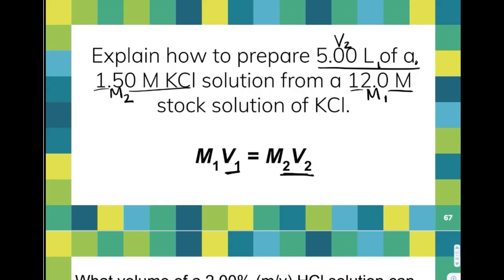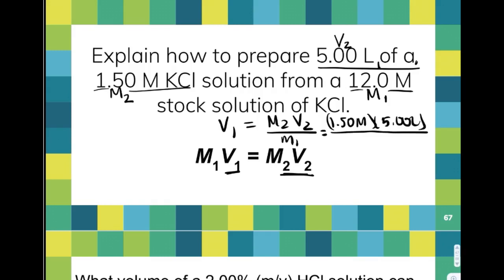What would we say? So let's rearrange for V1. V1 is equal to M2 V2 over M1. So we can just plug this in. Now we know my M2 is 1.50. We know my V2 is 5.00.